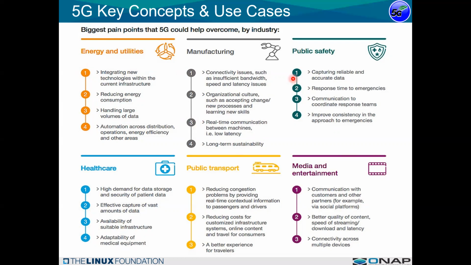In public safety, to improve response times and coordination between teams, and in healthcare, for managing data and security and patient access. Public transportation, reducing congestion, concepts like platooning and vehicle-to-vehicle communications. And of course, the most personal is media and entertainment, where you'll have improved capabilities to access social platforms and improve streaming and download, and improved latency.